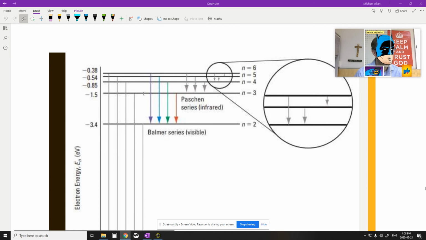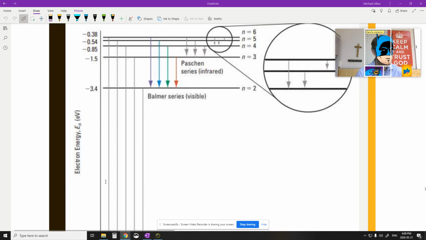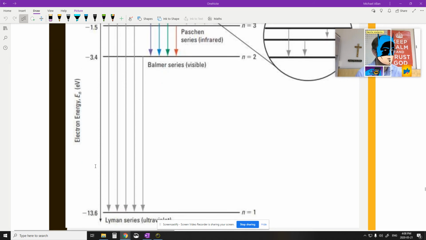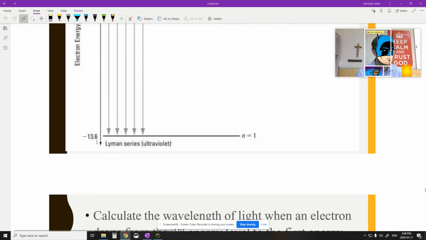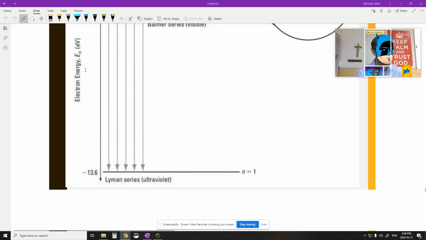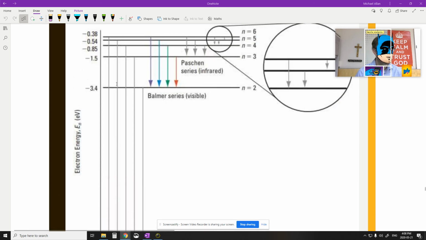Now, the numbers on the side of this one, so this is the typical way we usually see our energy diagrams, with these negative numbers on the side. These negative numbers are the energy equivalents in electron volts. These are the energy equivalents that you would need to ionize this atom. If I have anything more than 13.6 electron volts, I would get to zero.